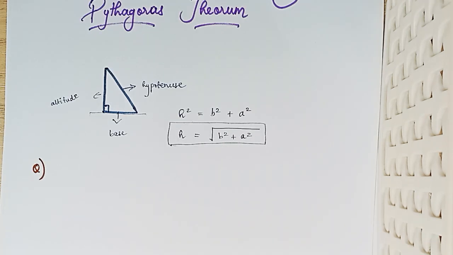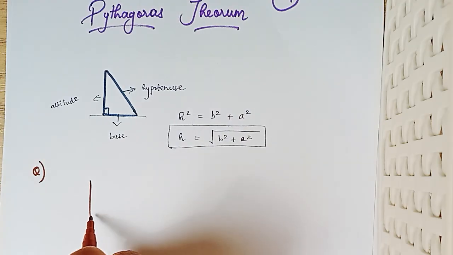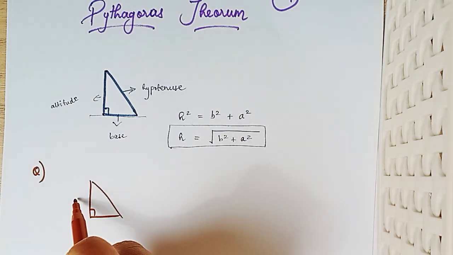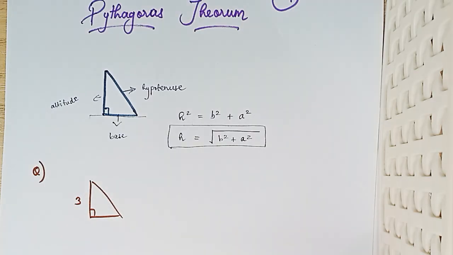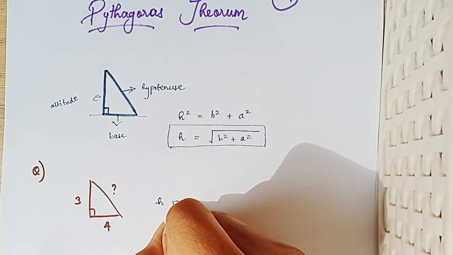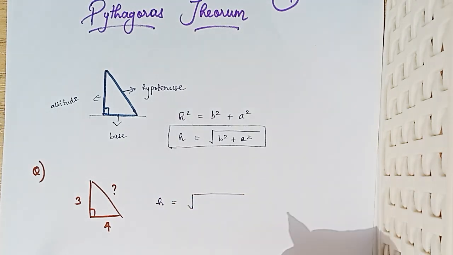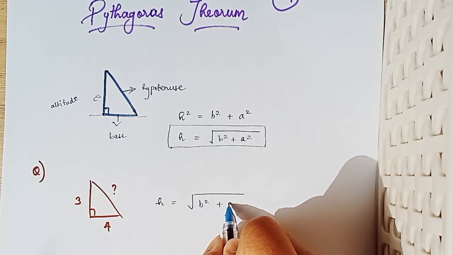Now let's do this with a question. Suppose in a right angled triangle, the altitude is 3 centimeters, the base is 4 centimeters. What is the hypotenuse? Firstly, write the formula: hypotenuse is equal to root of base square plus altitude square.